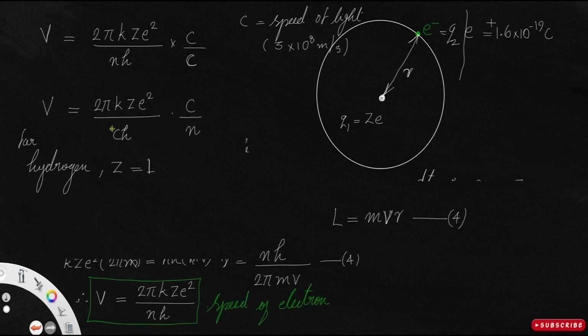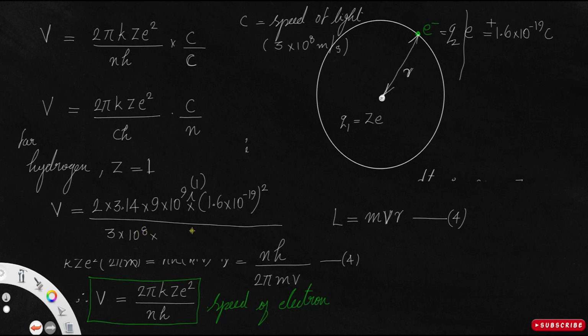And this side is actually a constant, and if I plug in the values of the constants here, I'll get v equal to 2 into pi, which is 3.14, into k, the electrostatic force constant, whose value is 9 times 10 raised to 9, into e, the charge of the electron, 1.6 into 10 raised to minus 19, squared, divided by, for Z we have 1, c, the speed of light, 3 into 10 raised to 8, into h, Planck's constant, 6.636 into 10 raised to minus 34, times c by n.